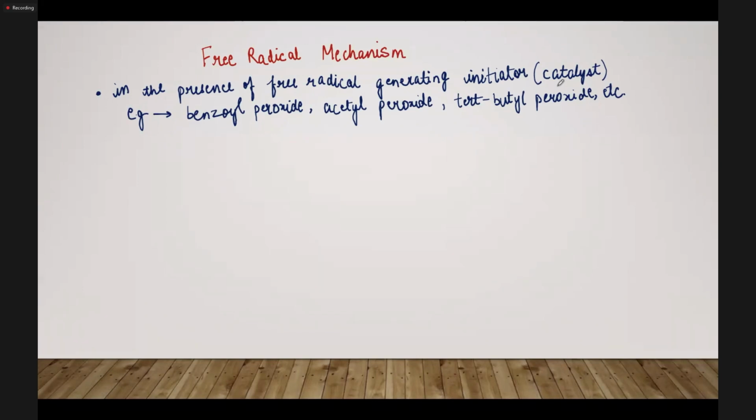ठीक है, तो I'll explain all these three different steps one by one. ठीक है, तो इसमें हम लोग जो पूरा मैकेनिज्म पढ़ेंगे, तो किसका पढ़ेंगे? इथीन टू पॉलीथीन। ठीक है, so इसके लिए we will be taking the benzoyl peroxide initiator.